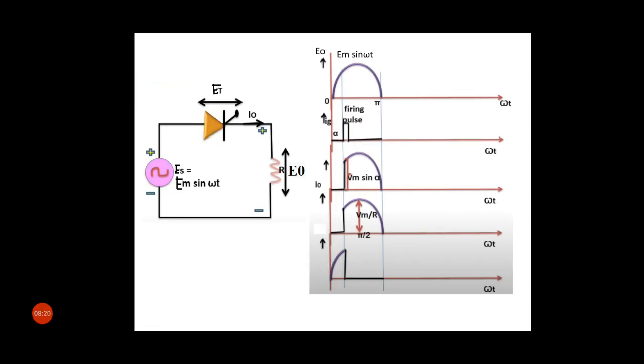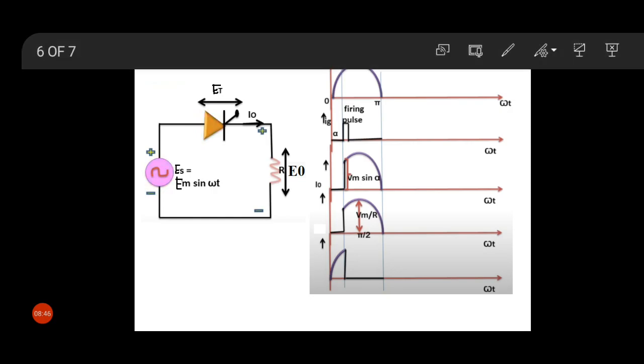Now see the terminal voltage. Terminal voltage means the voltage across the thyristor. This is the terminal voltage curve.